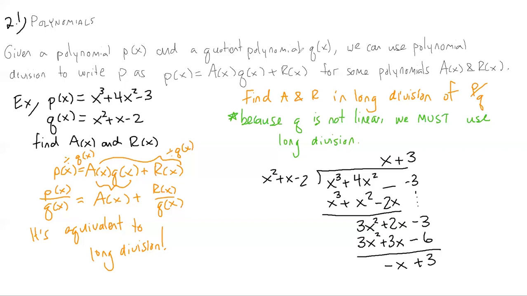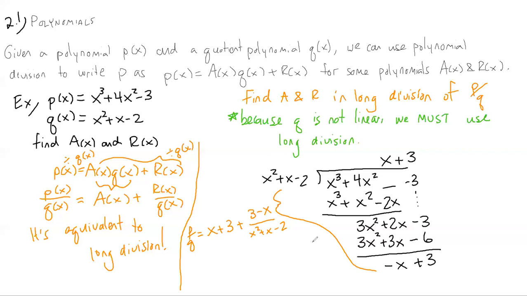And so basically what we've got here is, if I rewrite all of this, P over Q equals x plus 3 comes out, and then 3 minus x, I just like to rewrite the order because I don't like leading with a negative, over x squared plus x minus 2.